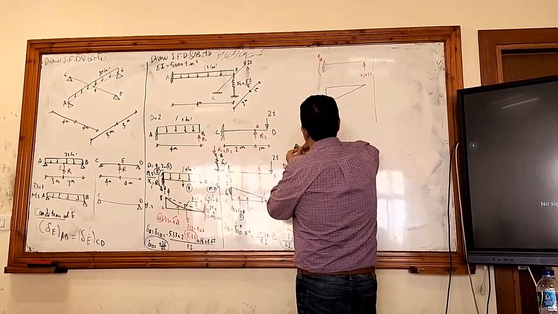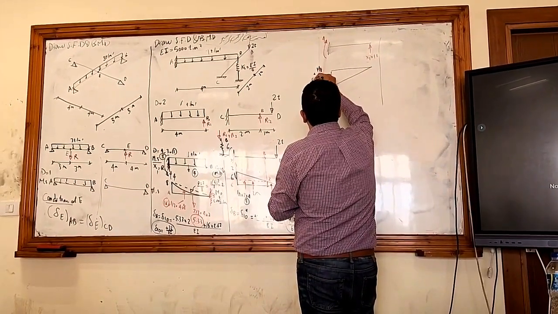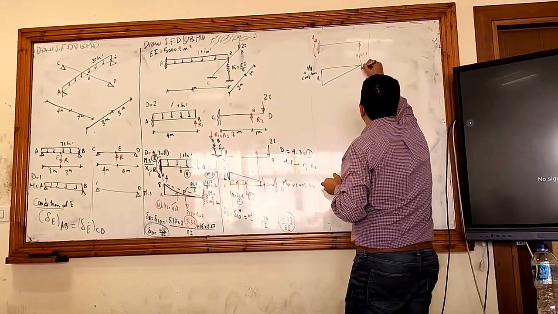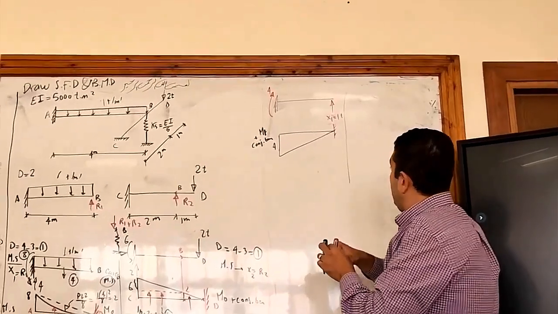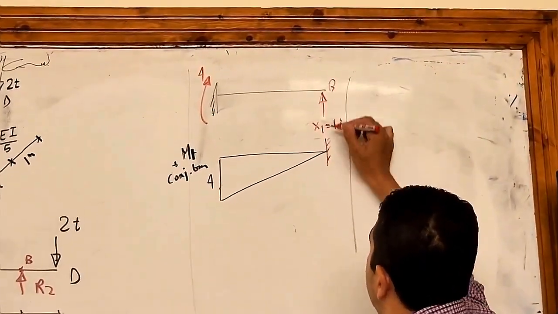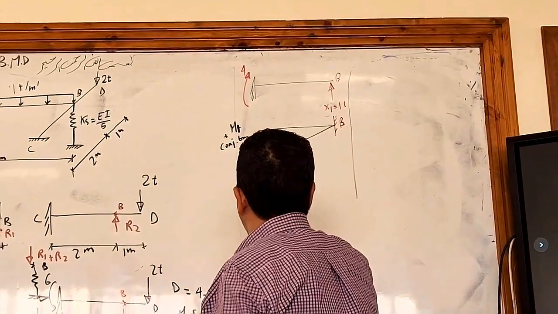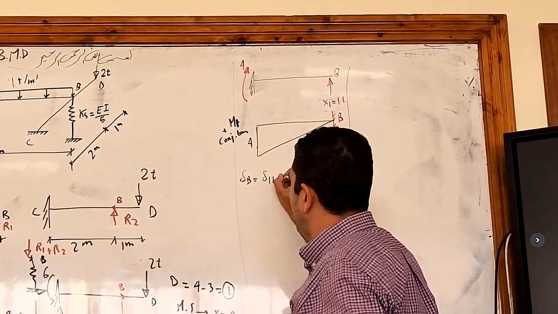This is called M1. I will put it on a conjugate beam. Fixed will be free and free will be fixed. I don't need any splitting. What will I need to calculate here? The delta at point B. Delta at point B, what is it called now? Delta 1, 1.